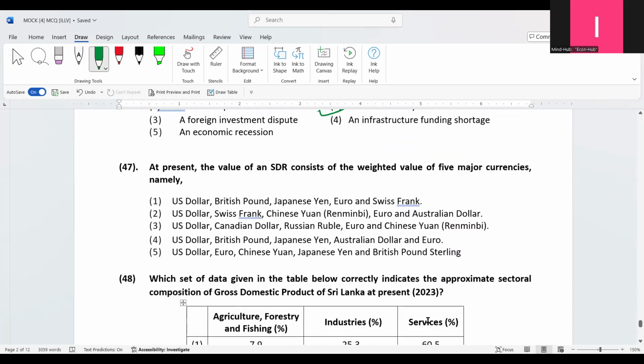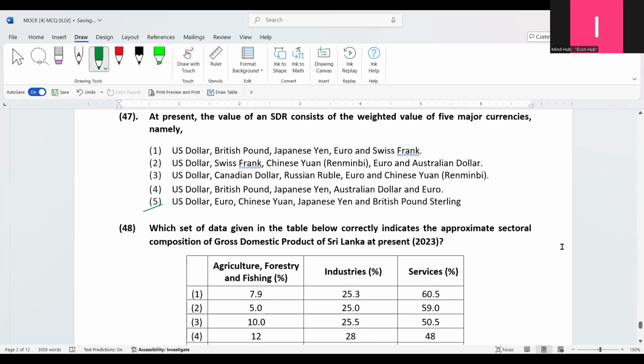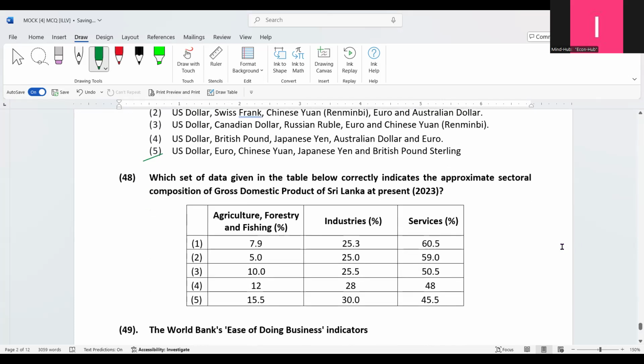47. At present, the value of an SDR consists of the weighted average of 5 major currencies. Namely, what are the 5 major currencies in SDR that we consider? Correct answer would be number 5. US dollar, euro, Chinese yuan, Japanese yen, British pound sterling. Okay? 1, 2, 3, 4, 5. 48.